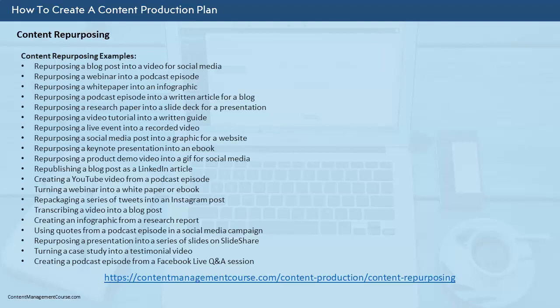This can include things like turning a blog post into a video, or republishing an article on a different website, or creating an infographic from a research report, and many other forms, such as the examples listed here. Repurposing content helps you get the most out of the content that you have already created, maximizing your resources and helping you reach new audiences. The link on the screen also has more information about repurposing content.